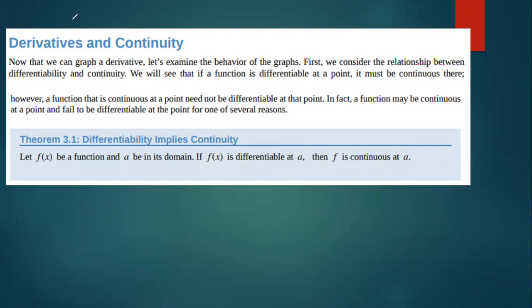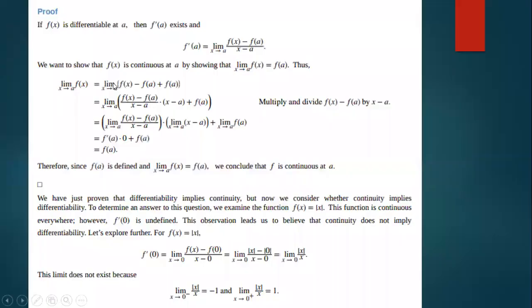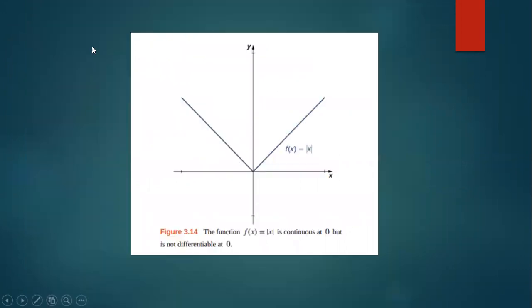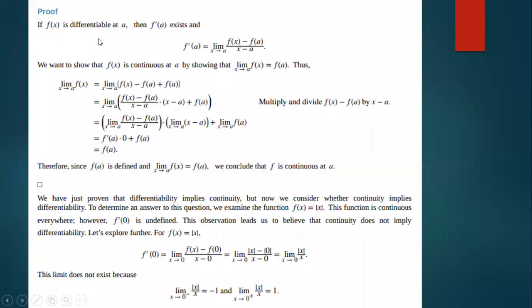Moving to the next thing, there is a proof of this. Let us say that f of x is differentiable at a. So we can take a point f of a and form the derivative.